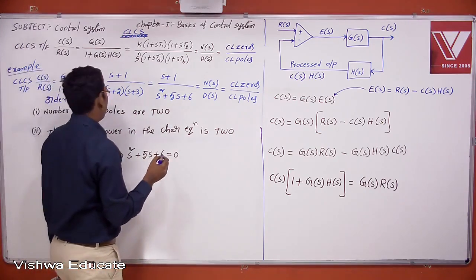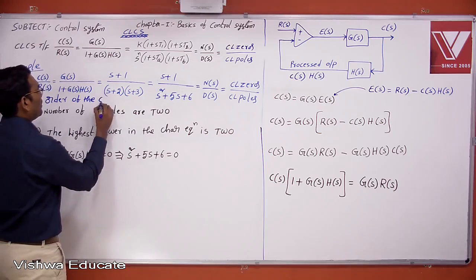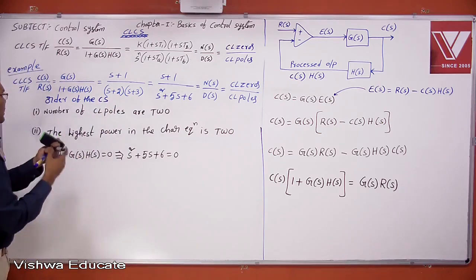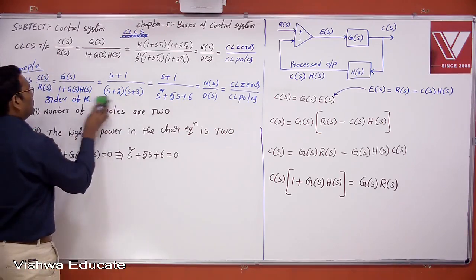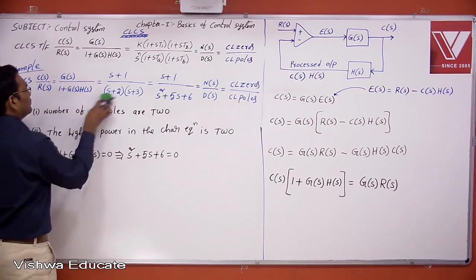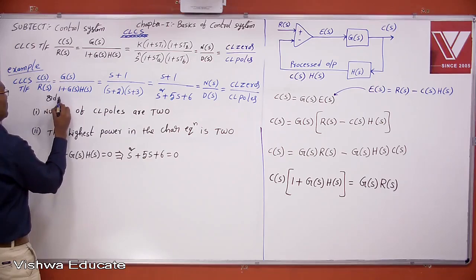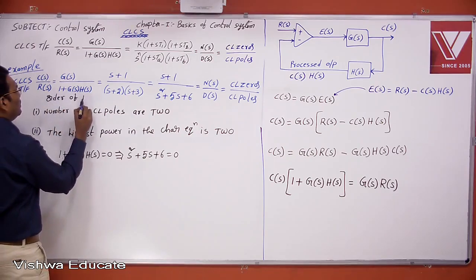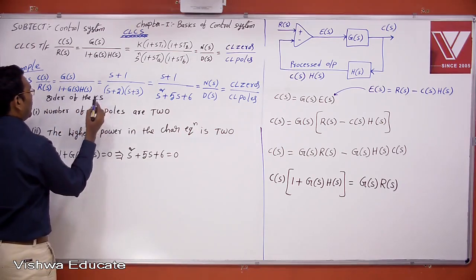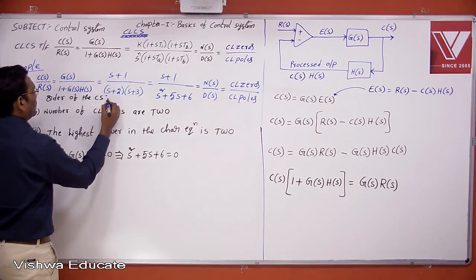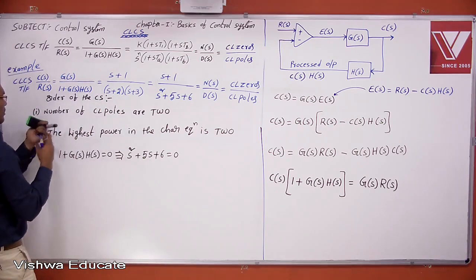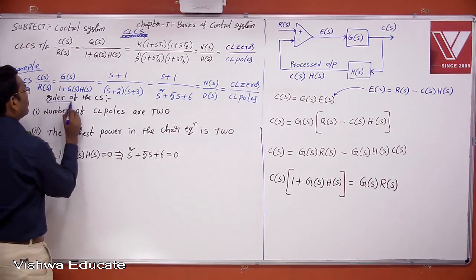What is the order of the control system? The order of the control system is the number of closed loop poles.